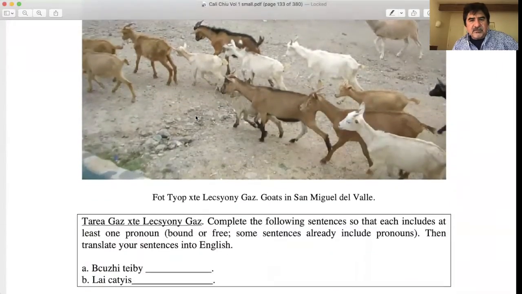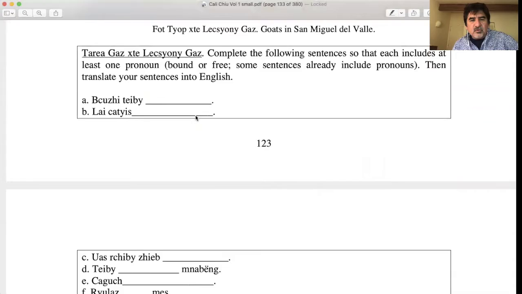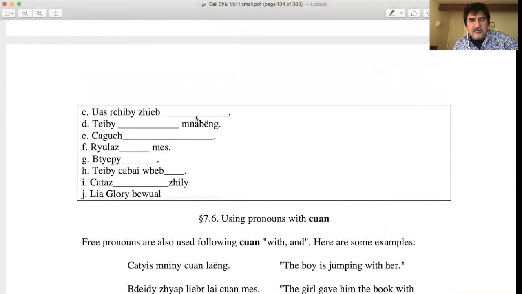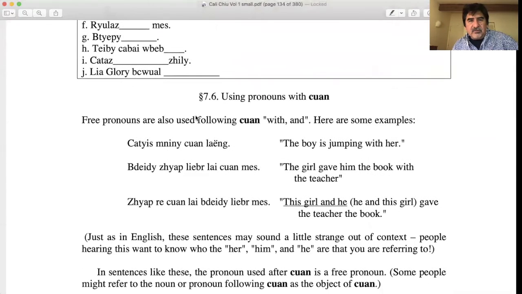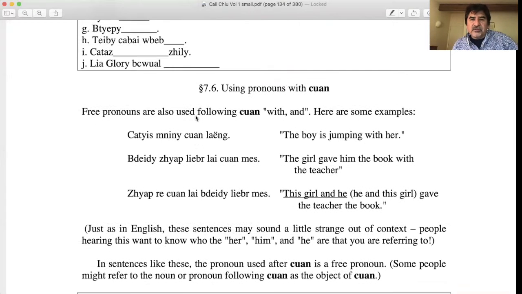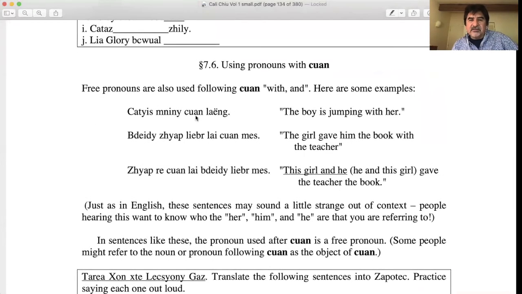Okay, so let's continue here. More homework, please. Okay, so we're now going to use the pronouns with con, which means with or and. So free pronouns are also used following con, and as I said, that means with or and.